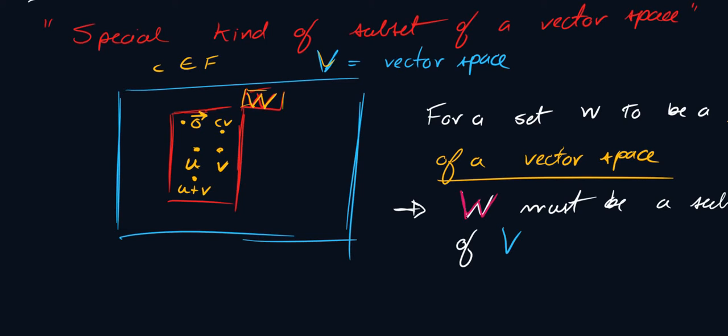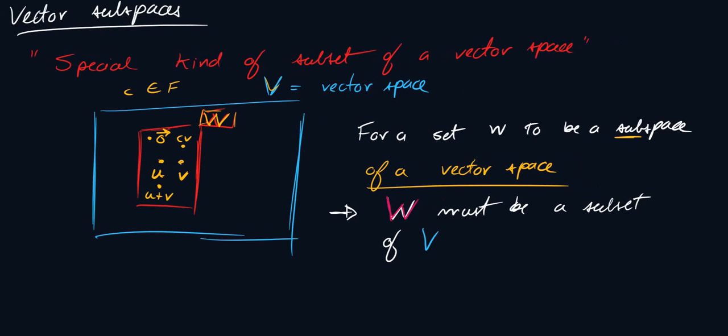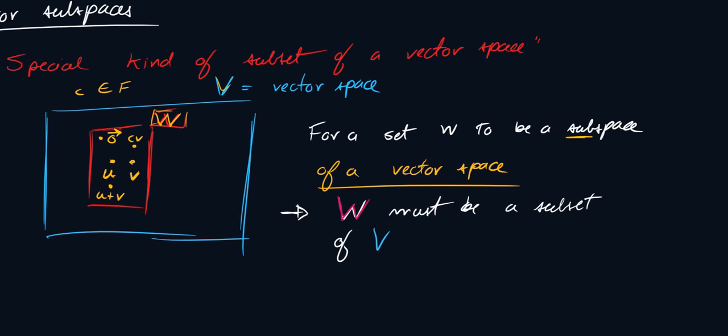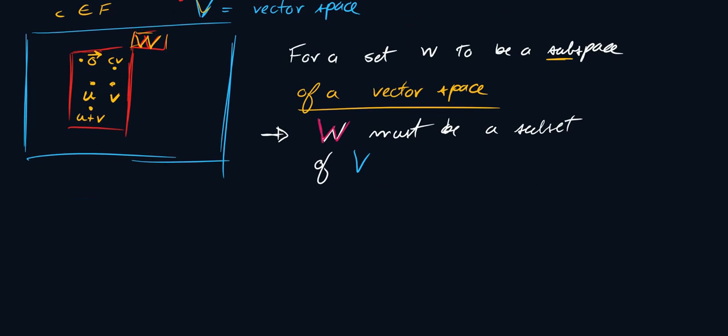So loosely speaking, that's what it means for something to be a vector subspace. Let's do it a bit more formally. For a set W to be a subspace of a vector space V, W must be a subset of V, and W must follow the following three conditions.